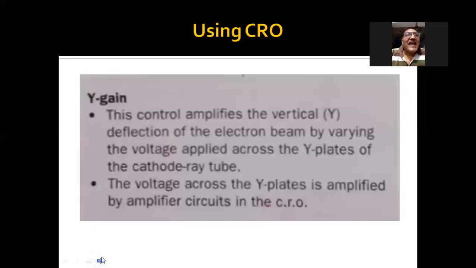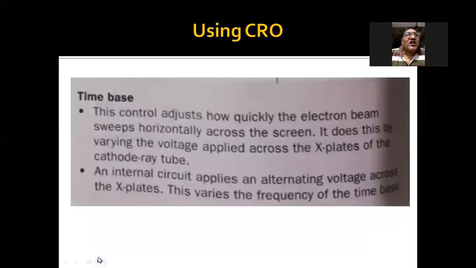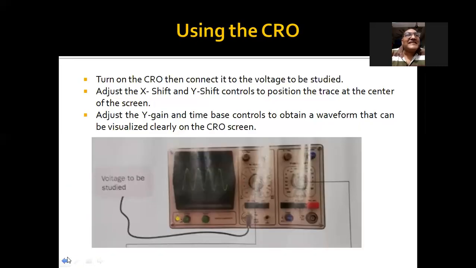Then we have another thing, and that is called the time base. Let me show you. The time base is here. Time base is basically the scale of the x-axis.